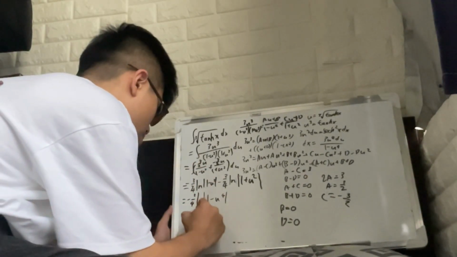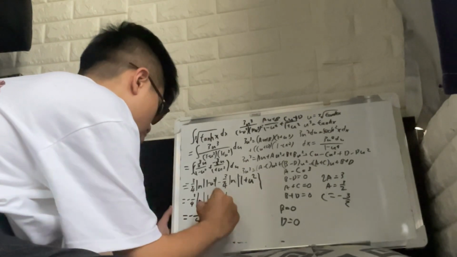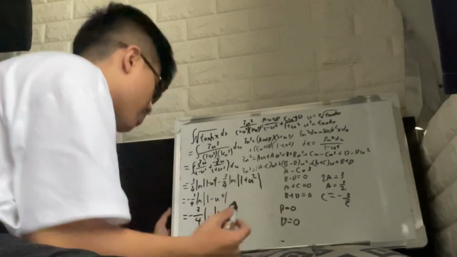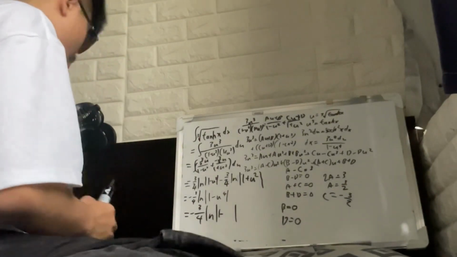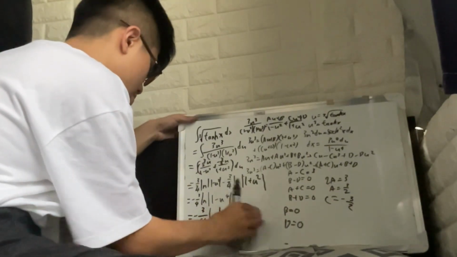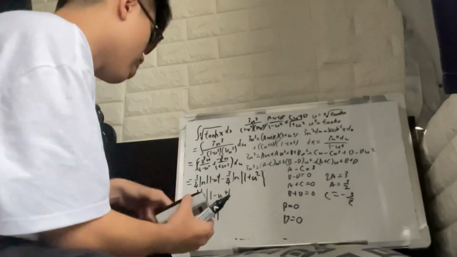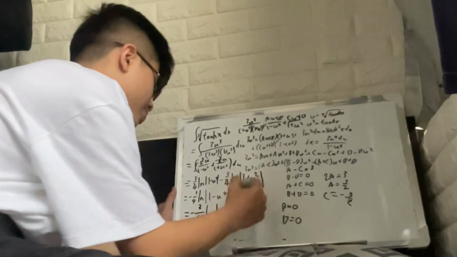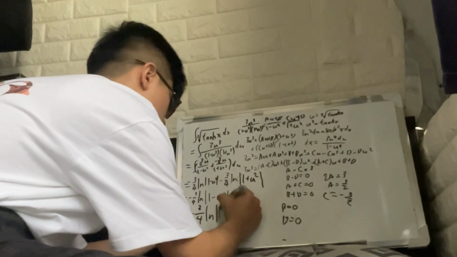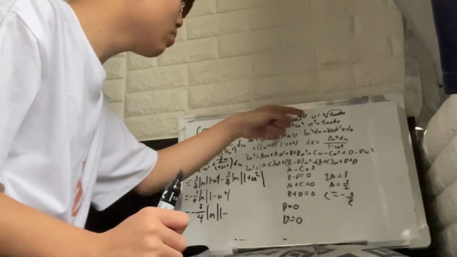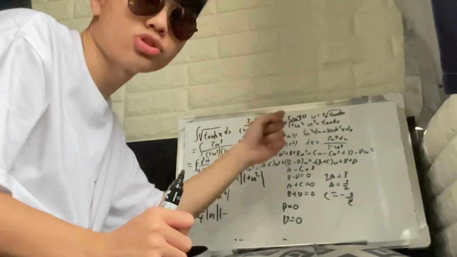So what's our u? We can change back into x now. So ln of 1 minus, what's u? U is just equal to the cube of tanh x.